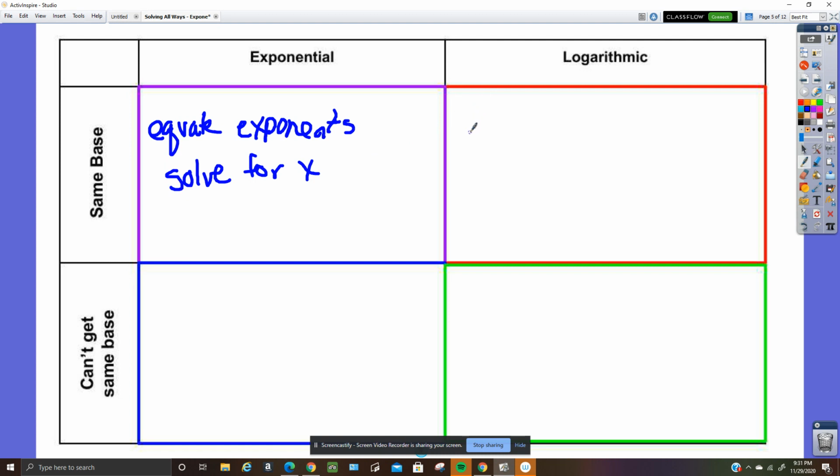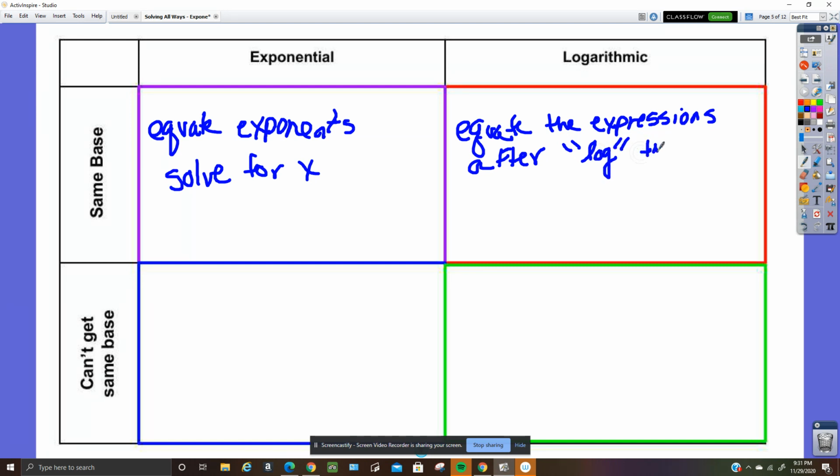Logarithm, if it has the same base, equate the expressions after the word log, and then solve for x.